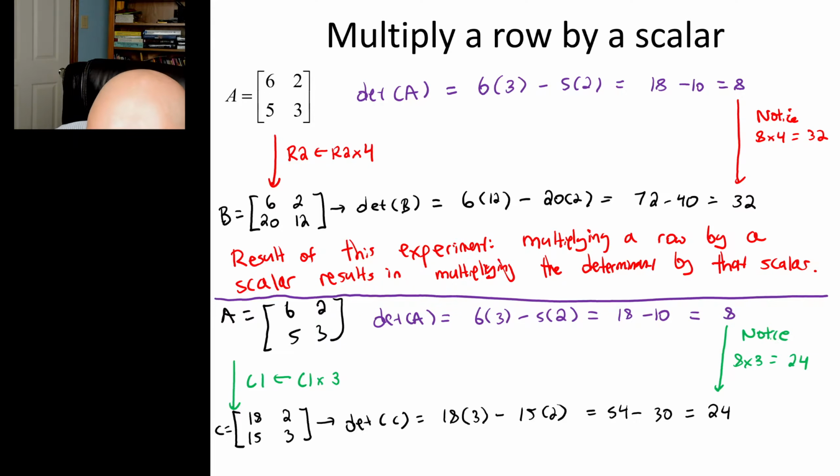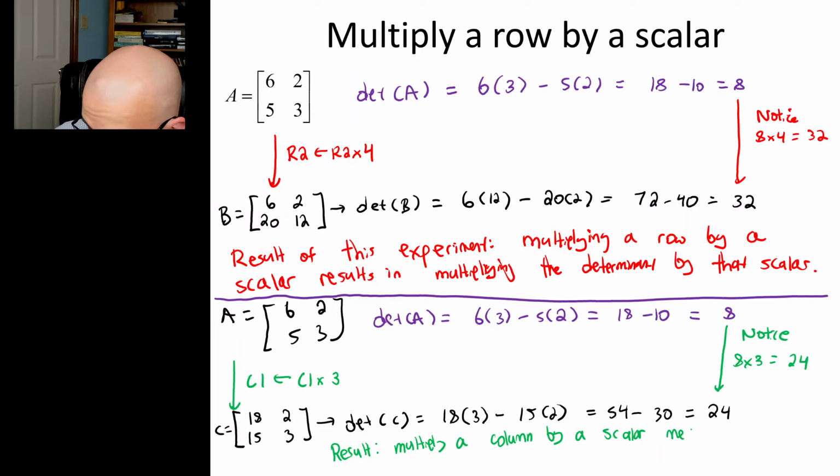So the result of this experiment: multiplying a column by a scalar means we multiply the determinant by that scalar.